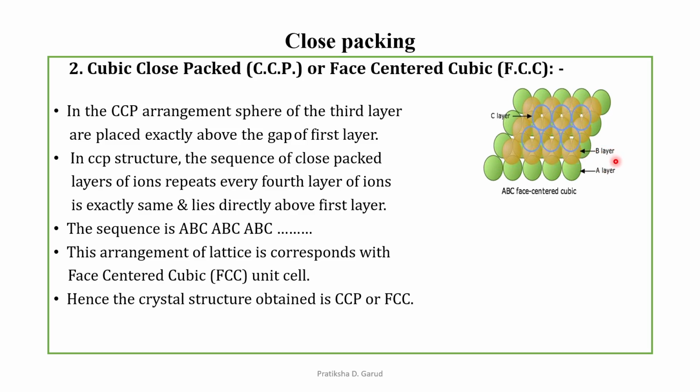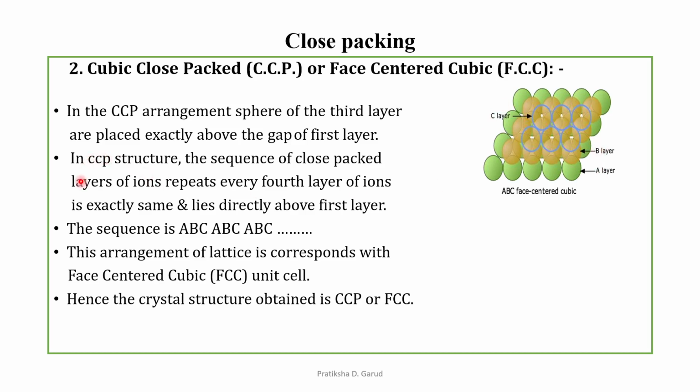In case of the HCP, we put the third layer on the heads of the first, meaning the positions of the A layer and the third layer are the same. In case of the CCP we put the third layer on the gaps of the second layer, which is called the C layer, and hence the third layer is different than the earlier case, so it is called the ABC pattern.